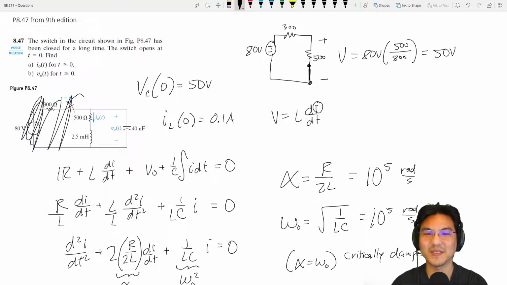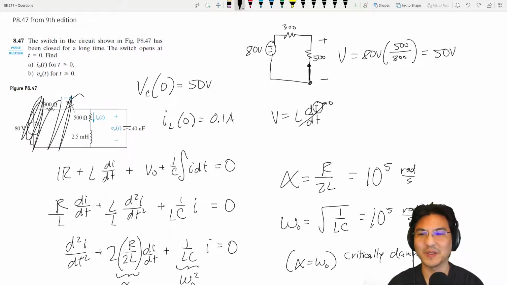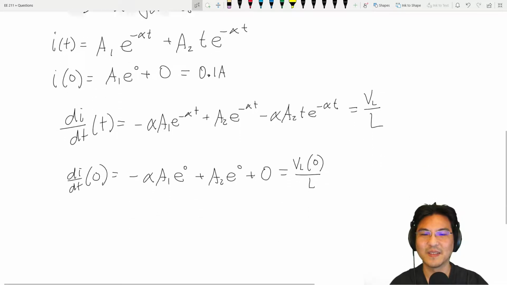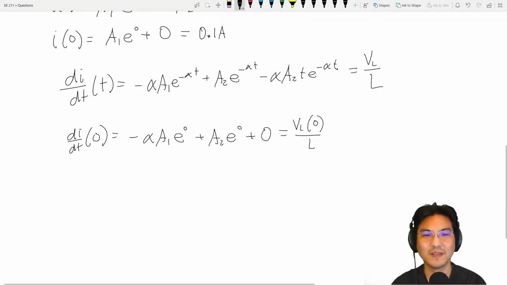This is a constant, so di dt is 0. So then the voltage across the inductor was 0, right? It was behaving like a wire, a short. So for this particular circuit, the voltage across that inductor was just 0. Not always, just for this particular example.